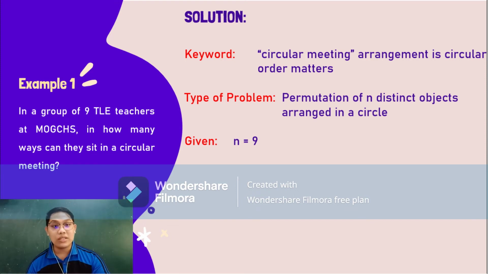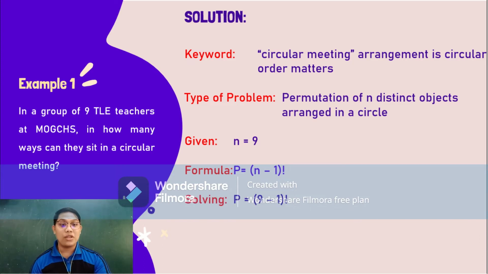And then, we will be using the formula of circular permutation, which is P is equal to the factorial of n minus 1. And in order to solve this problem, we just need to substitute the given to our formula. Muna niya siya nga ito ang solution. P is equal to the factorial of 9 minus 1. Then, we'll be subtracting 9 minus 1. 9 minus 1 is equal to 8 factorial.